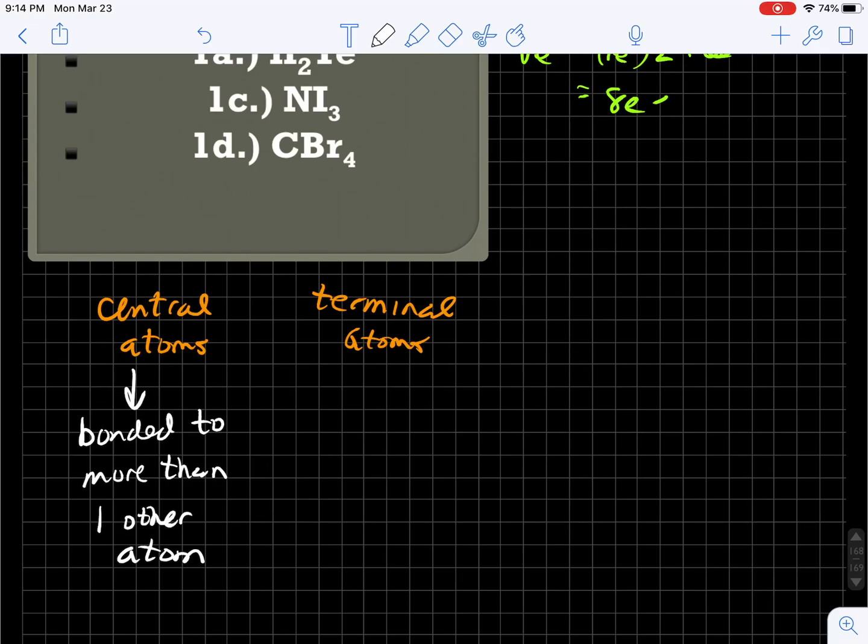So central doesn't mean right in the middle of the molecule. Central can be towards one side of the molecule or the other if it's a large molecule. It has more than one atom connected to it, whereas a terminal atom is only bonded to one other atom.